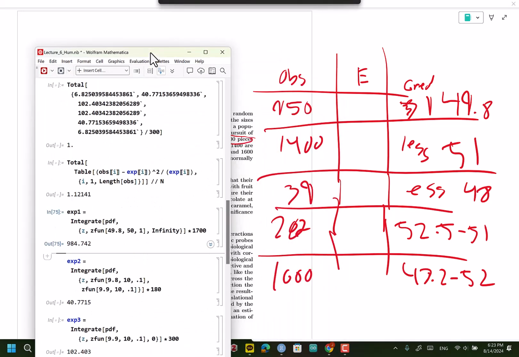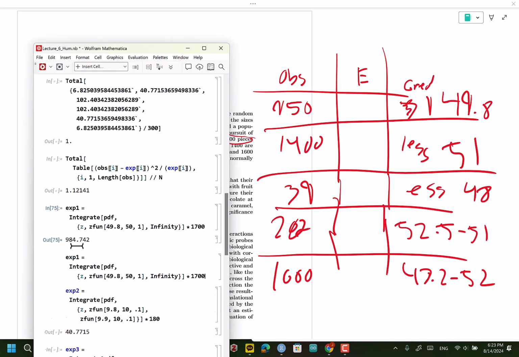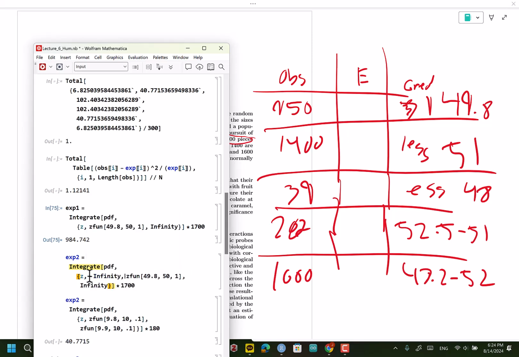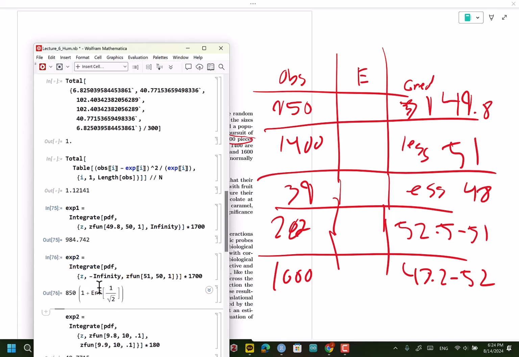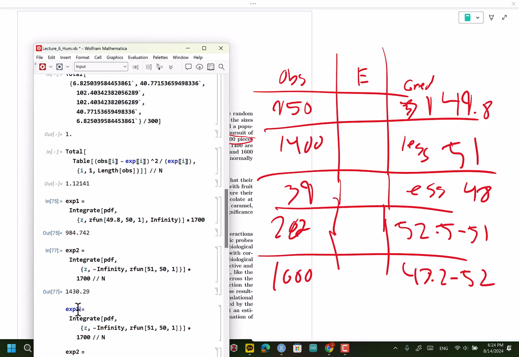And there we go. Now we can do the same thing for expected 2. I'm just going to copy here. Be careful, make sure that we do it right. We should be going from minus infinity to z function of less than 51, so we'll delete this infinity. Let's just look at this numerically. That's expected 2. All right, expected 3: less than 48.